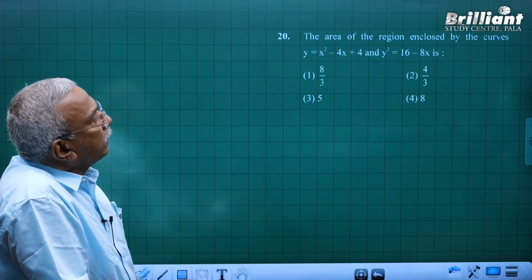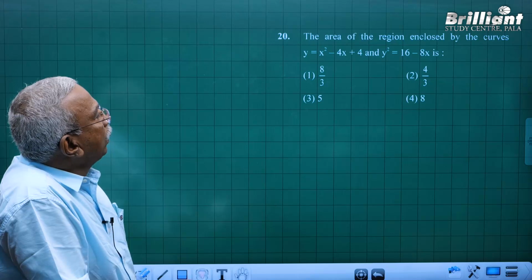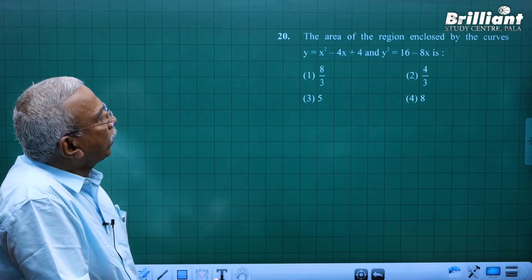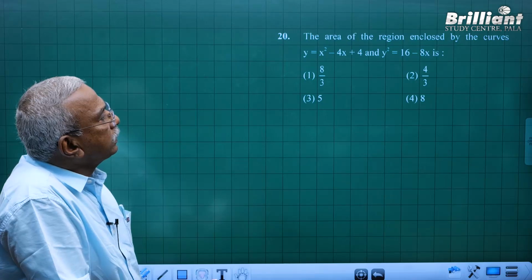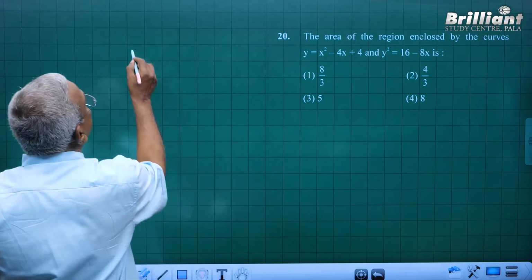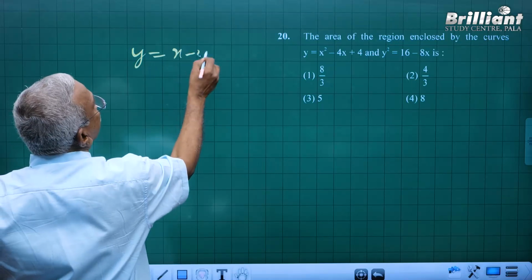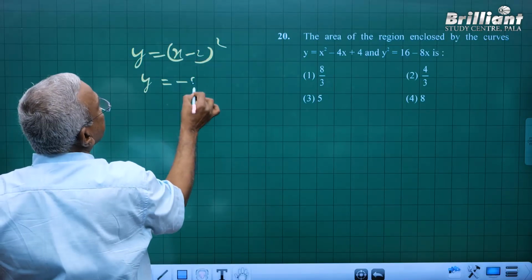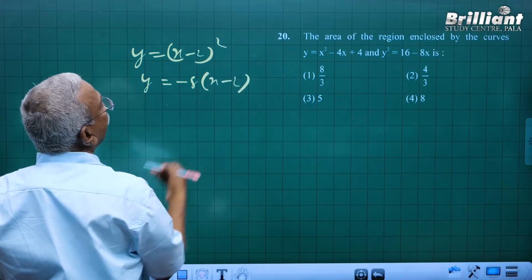Now, the area of the region enclosed by the curves y is equal to x square minus 4x plus 4 and y square is equal to 16 minus 2x. Look here, your requirement is area. Here y is equal to (x minus 2) the whole square is one curve, and the other one is y square is equal to minus 8 into (x minus 2).